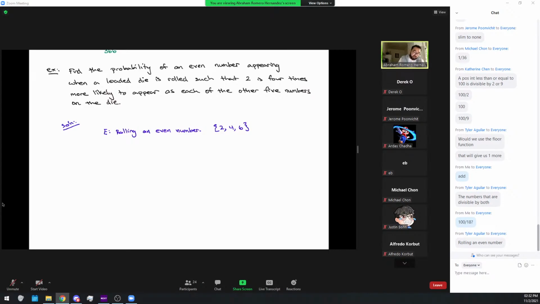Okay. So that means that the probability of 1 appearing is exactly the same as the probability of 3 appearing, which is the same as the probability of 4 appearing, which is the same as the probability of 5 appearing, and the same as the probability of 6 appearing. And what is that probability? Well, what is that probability?